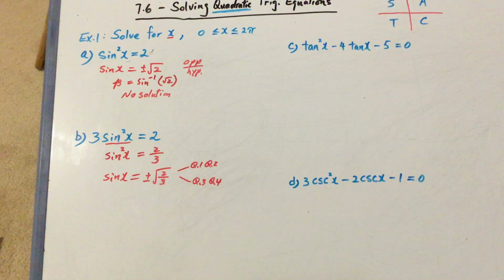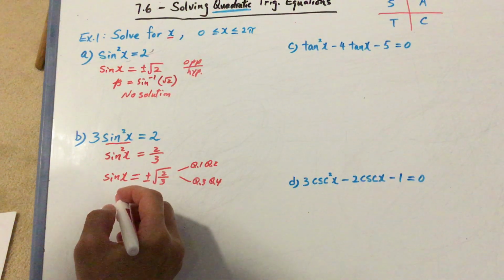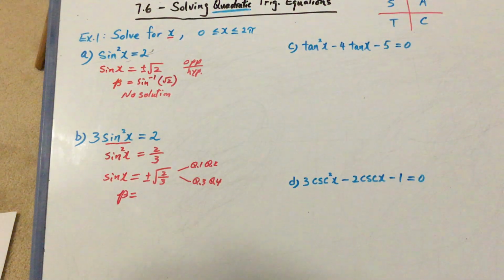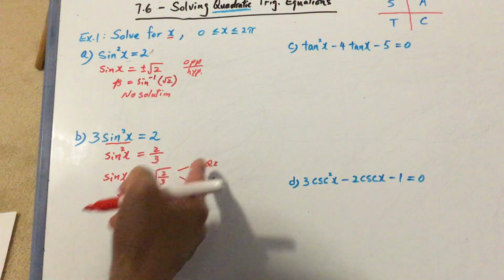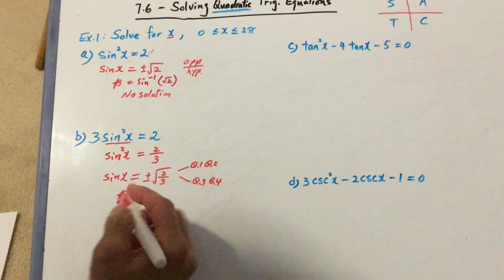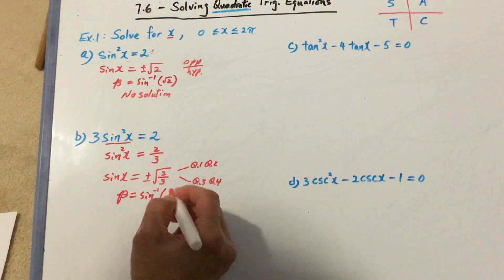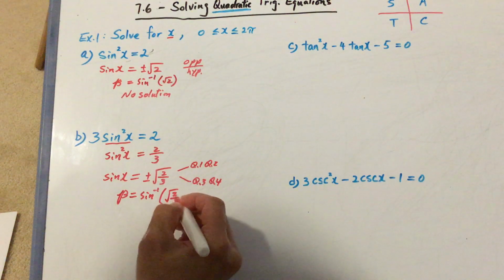So usually when it comes to a quadratic trig equation, you will have multiple answers. First, we need to find the related acute angle. Since the principal angle happens in all four quadrants, it's important to find out what your related acute angle is by taking the inverse sine of the square root of 2 over 3.